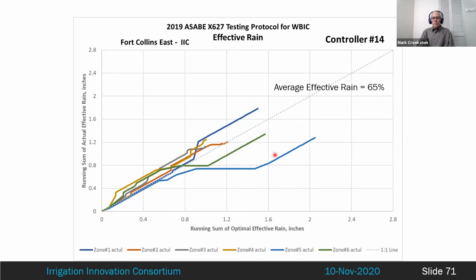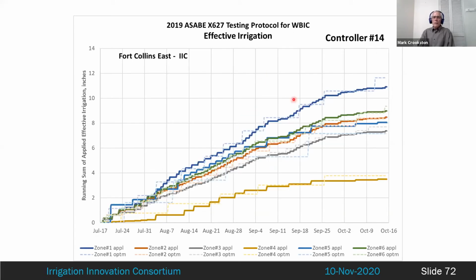Notice that because this controller watered so frequently and maintained several zones closer to field capacity for long periods, you can see that it did not do as well on average effective rain. It only had 65% across all zones. And 3 of these really diverged away and did not look near as clean as controller number 6 did, that had 81%.